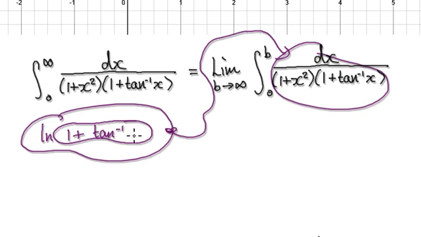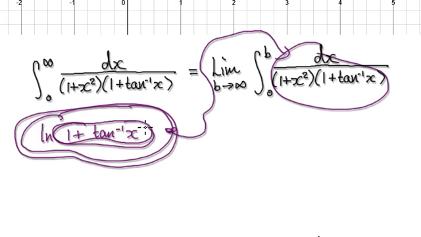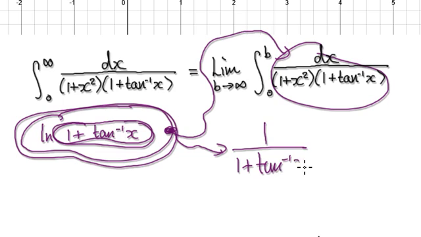Now, if I gave you natural log of this thing and asked you to differentiate it, you would do 1 over 1 plus inverse tan of x, and then times the derivative of the bubble itself, which would be 1 over 1 plus x squared, exactly this thing here.